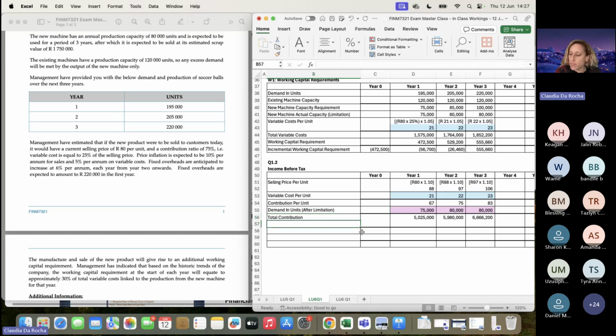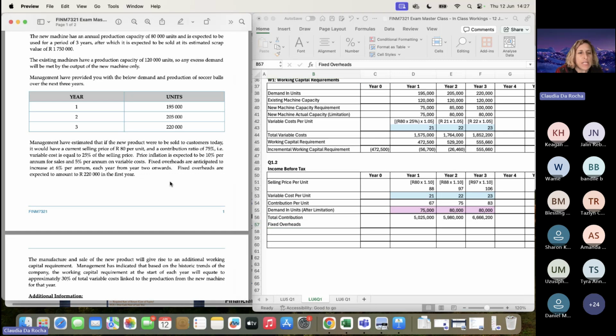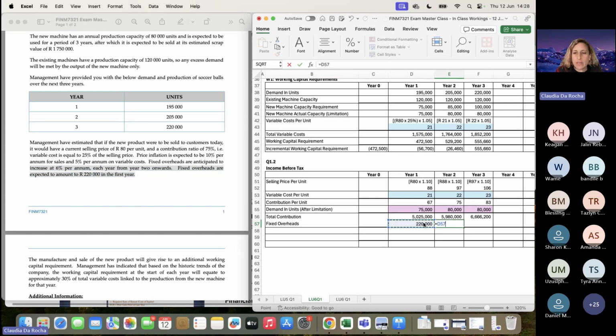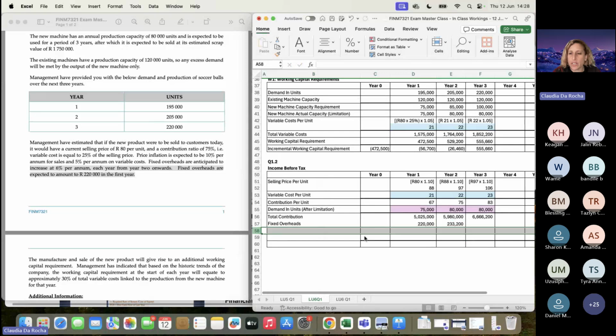Right, next thing we have is our fixed overheads. Okay, here they said fixed overheads are anticipated to increase at 6% per annum each year from year 2 onwards, and fixed overheads is 220 in the first year. So we know that our fixed overheads is 220 in the first year, and that it will then increase by 6%. Let me also just show the calculation so you can see that.